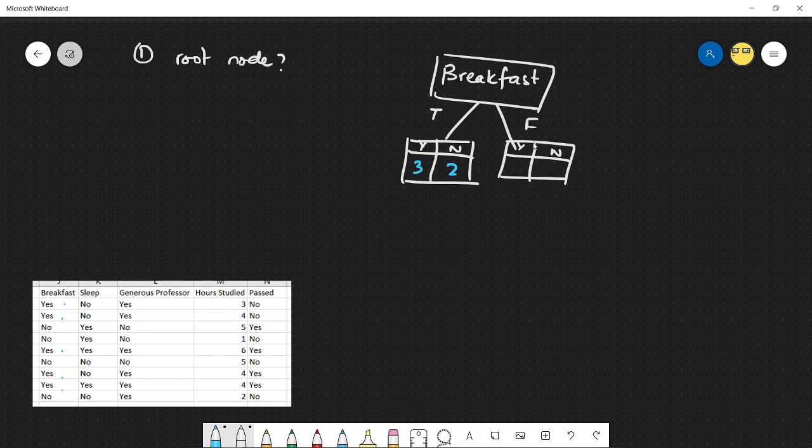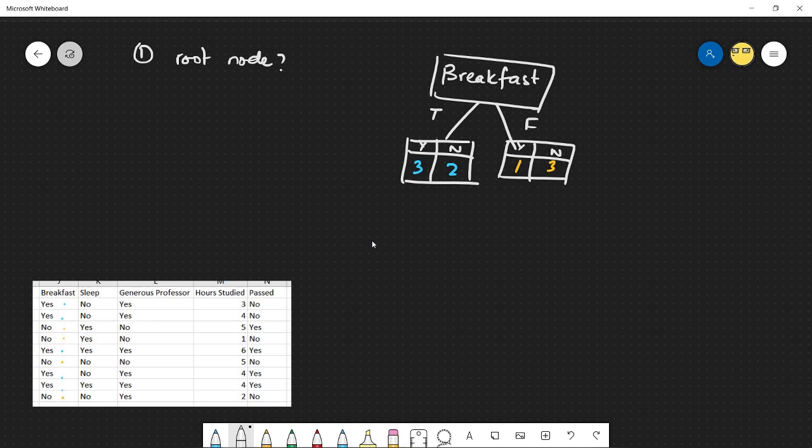For when breakfast was false, in a different color, the yellow ones, there were 4 students: 1 yes and 3 nos. Again, if I split my data on breakfast, when it's true I had 3 students who passed and 2 who did not, and when it's false I had 1 student who passed the exam and 3 who didn't.